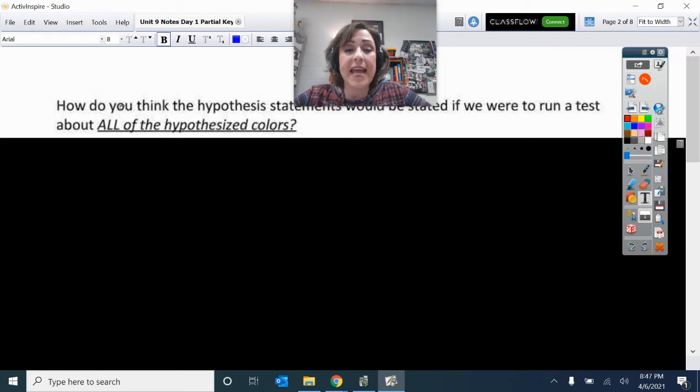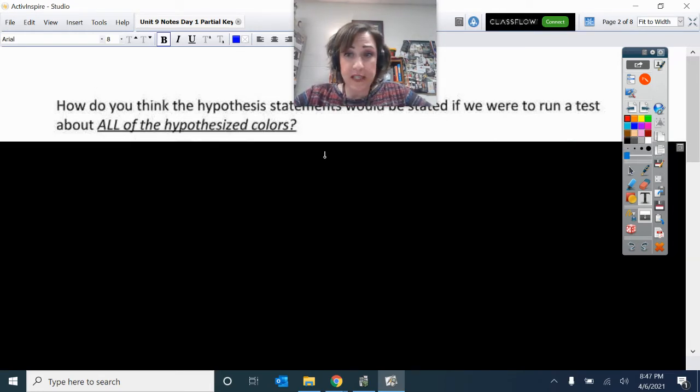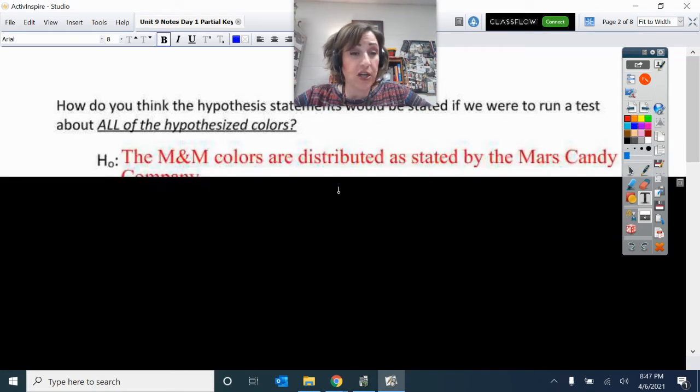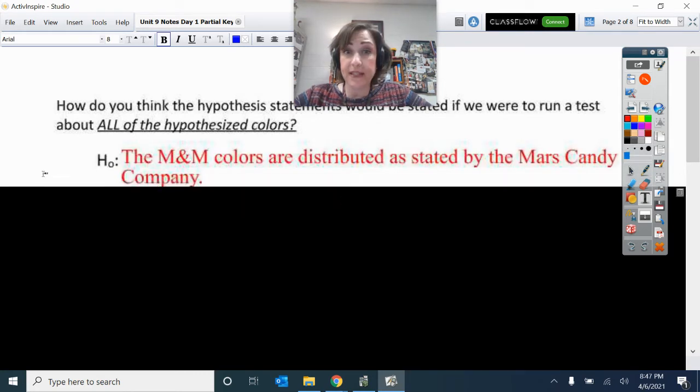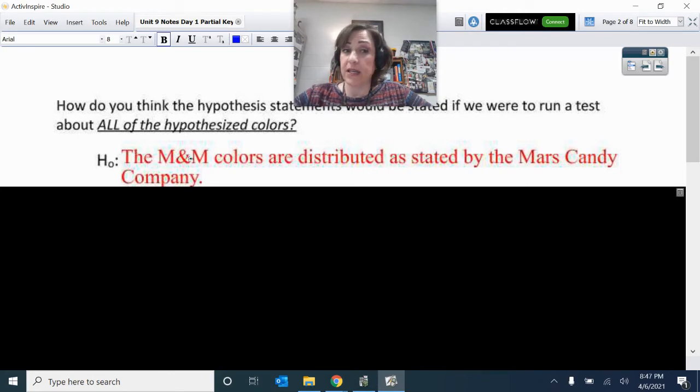So here's how we would do this. We would first run a test, and we would start off saying, hey, the null hypothesis says that the M&M colors are distributed as stated. Now, you are welcome to write out all of those percentages, but we don't have to.